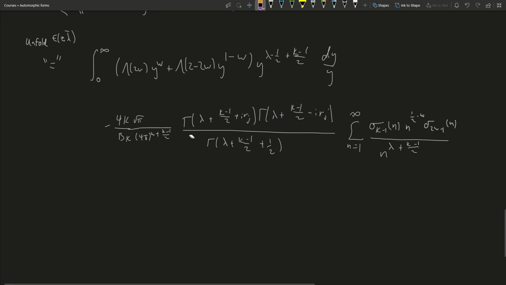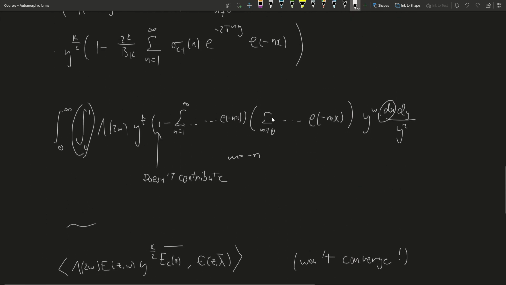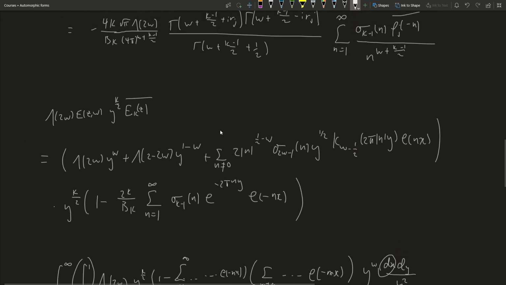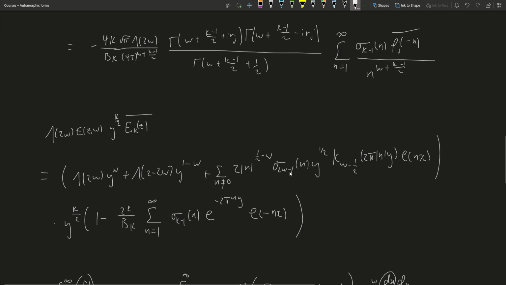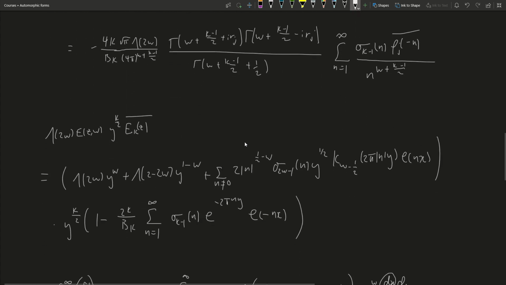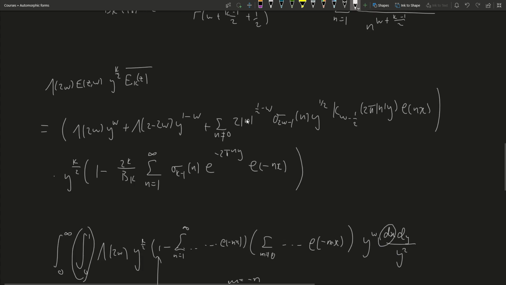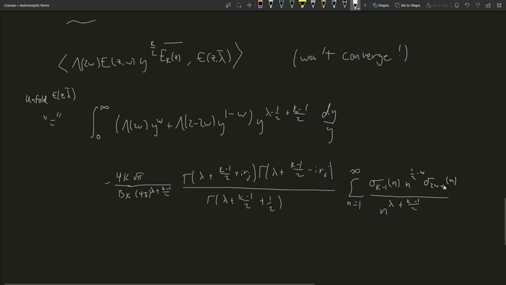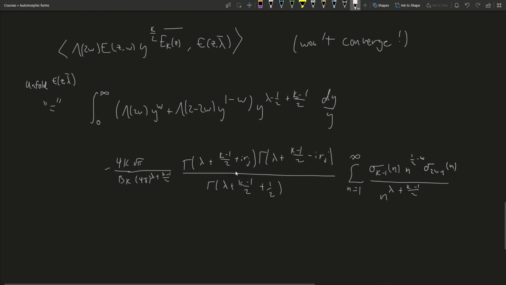And probably this w should be a lambda. This is just coming from looking at this Fourier expansion and asking what the rho j's are, because we wrote the Maass form this way, so 2 rho j is this thing. So here the rho j is just absolute value of n to the 1/2 minus w, replacing the w with lambda.